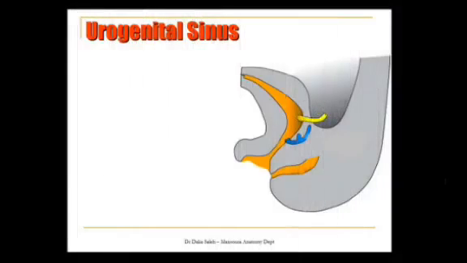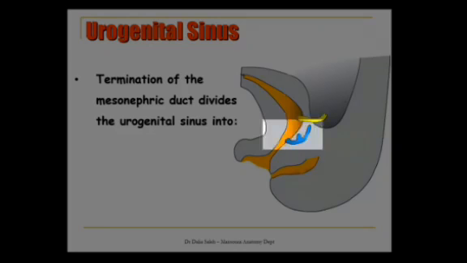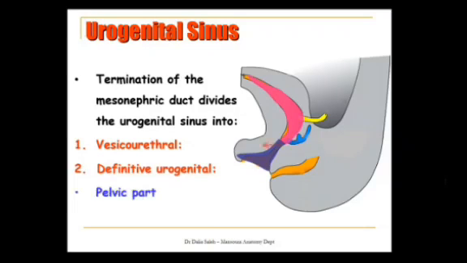If we talk about the development of the urinary bladder, you can notice in this picture that the entrance of the mesonephric duct into the urogenital sinus divides it into two parts. Above it lies the vesico-urethral portion of the urogenital sinus, and below it lies the definitive urogenital sinus, which will divide into pelvic part and phallic part.